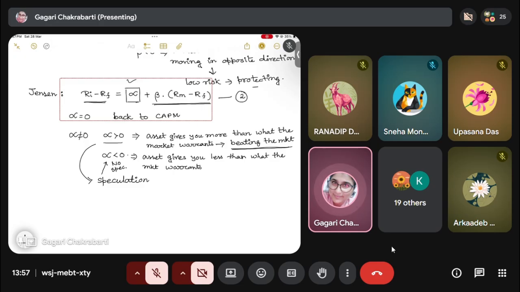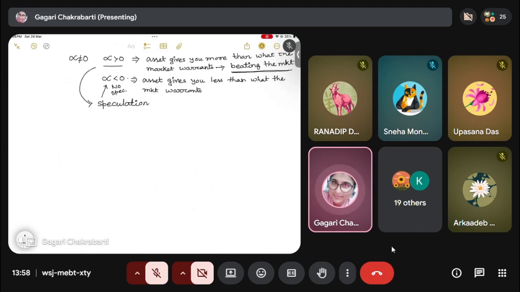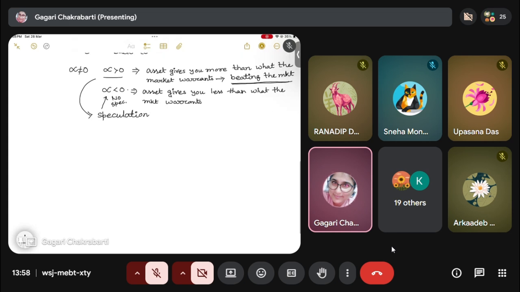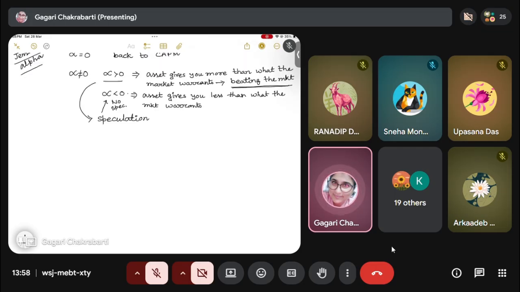And mind it, this beta is not the original CAPM beta which we see in equation 1. এই দুটো বিটা কিন্তু ডিফারেন্ট। কেমন? আচ্ছা, যদি কারোর কোনো কোয়েশ্চেন থাকে প্লিজ রেজ দ্য কোয়েশ্চেন। কেমন তো? আচ্ছা, and this alpha is actually called Jensen's alpha. এবারে সবসময় জেনসেন'স আলফা আমরা ইউজ করব না, বেশিরভাগই যেটা হয় উই এস্টিমেট দ্য ক্যাপএম। প্রবলেমটা কি? ইউ সি, in CAPM we assume that the beta is constant.